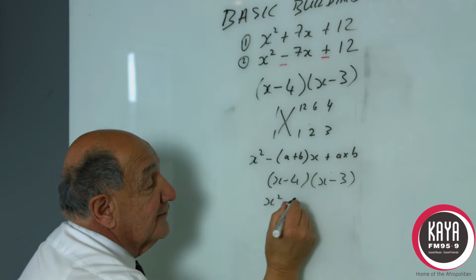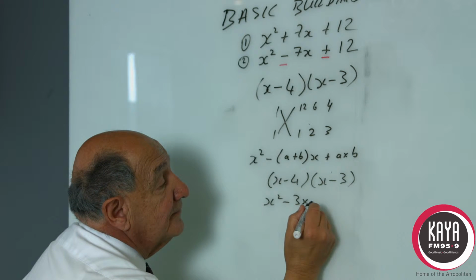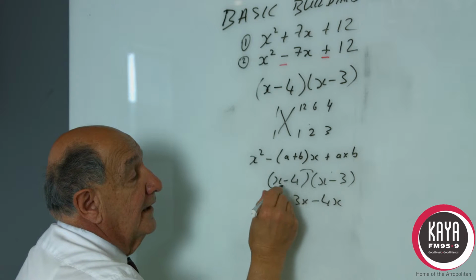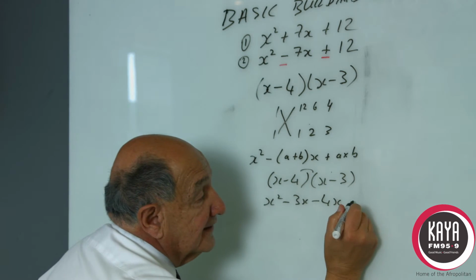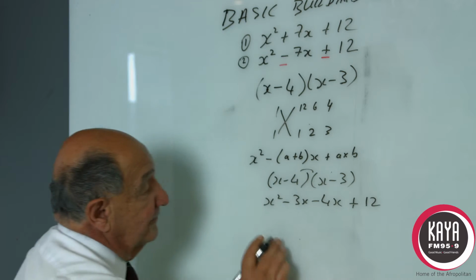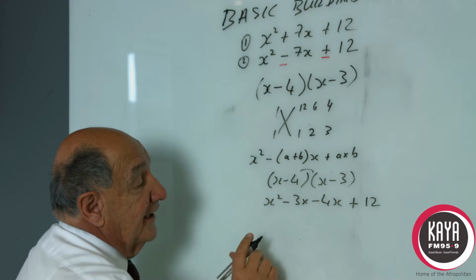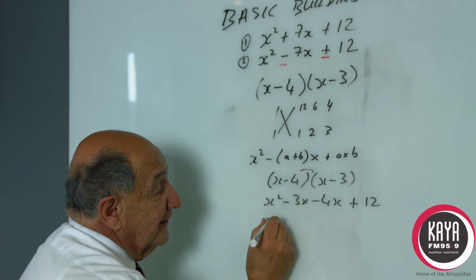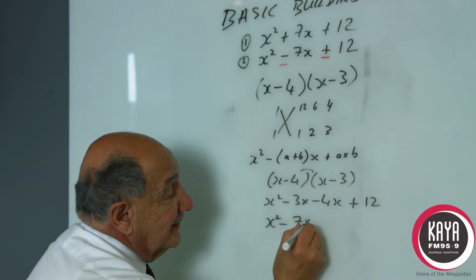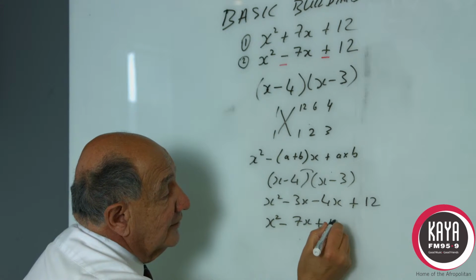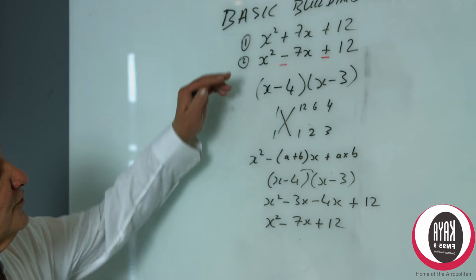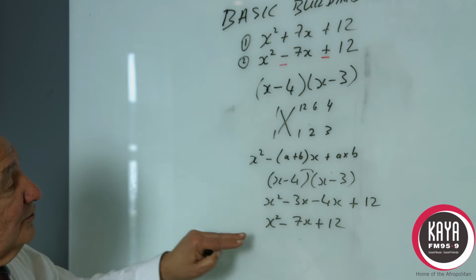X times minus 3 is minus 3x, minus 4x, and minus times a minus is a plus, and 4 times 3 is 12. And if we collect like terms, we will get x squared minus 7x plus 12, which serves as the cross-check to the original equation, which is correct.